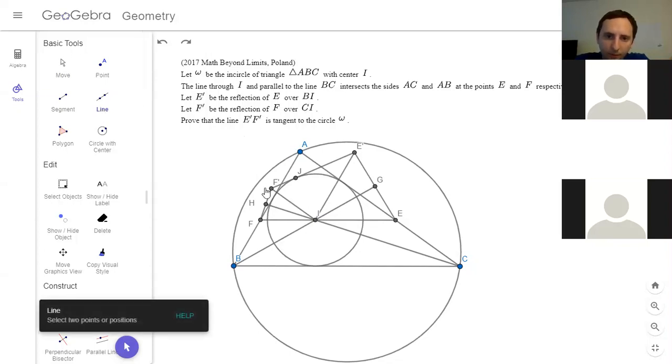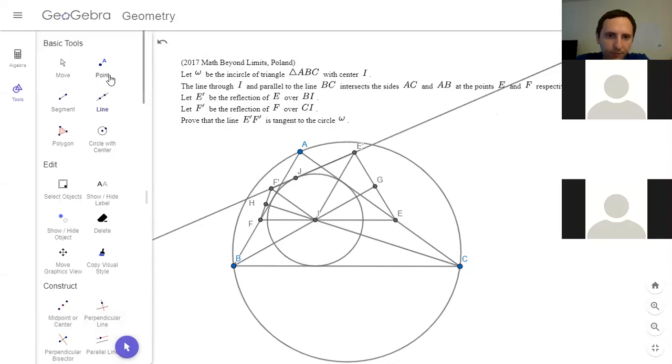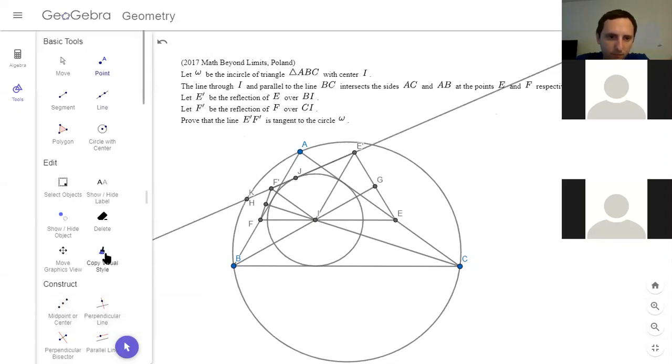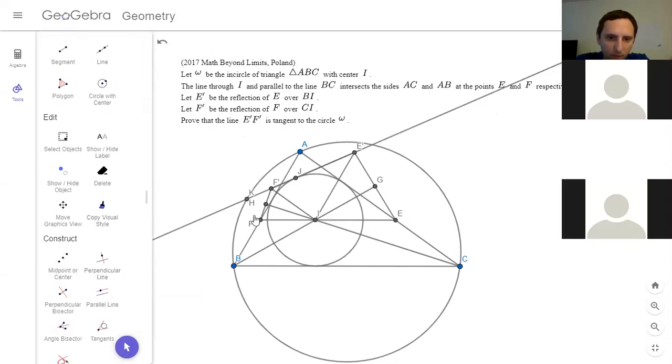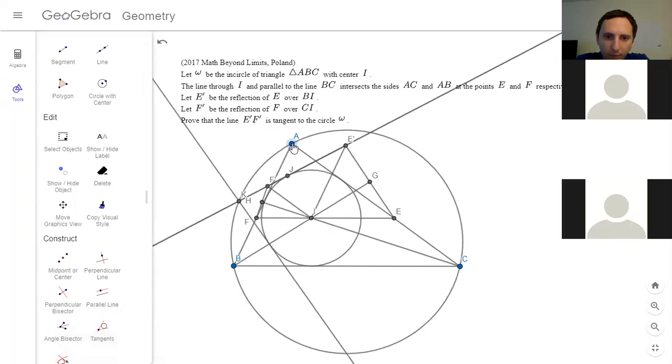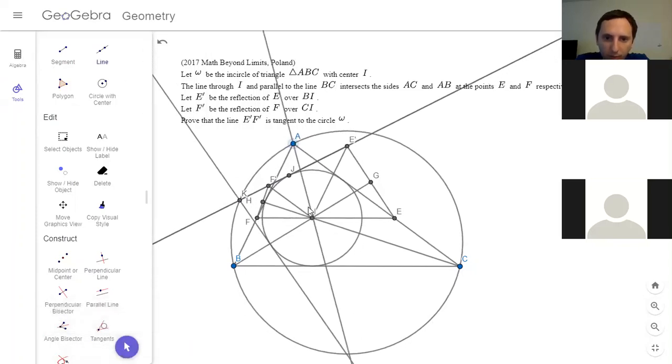Let me try Poncelet's porism one more time. Wait, that doesn't look like the point that I saw before. Maybe I didn't do it right before. Yeah, you did it from H, that was my problem.